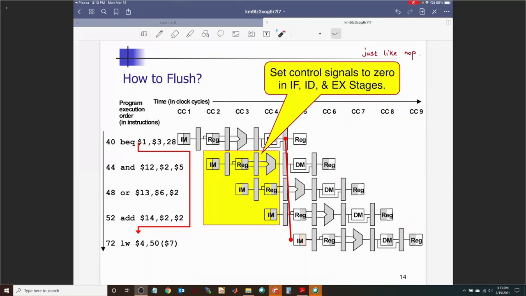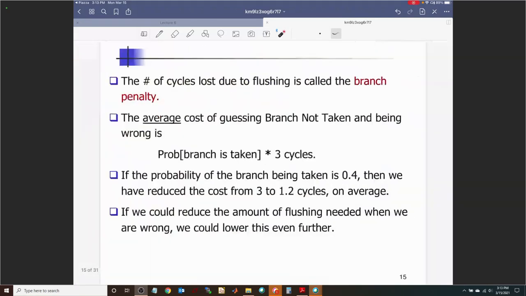And now the instruction that follows is a load word instruction. So you are essentially making the decision here and then jumping to your next instruction, which is your load word. But because of that flushing, we would have lost certain cycles, and there should be a cost for that.